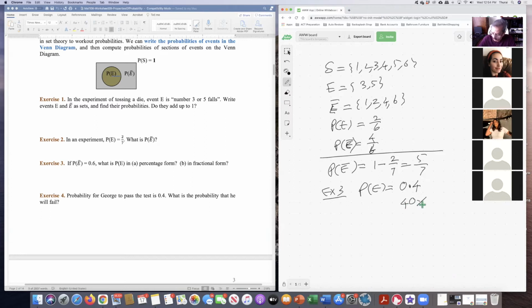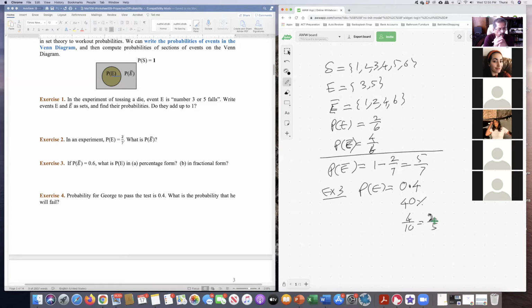And in fractional form, 0.4 is the same as 4 over 10, equal to 2 over 5. I'm sorry. So for exercise 2, the answer would just be 5 over 7, yes. Okay.